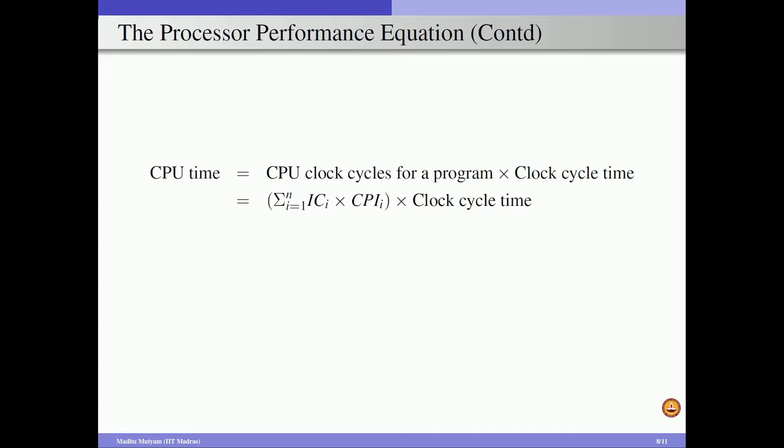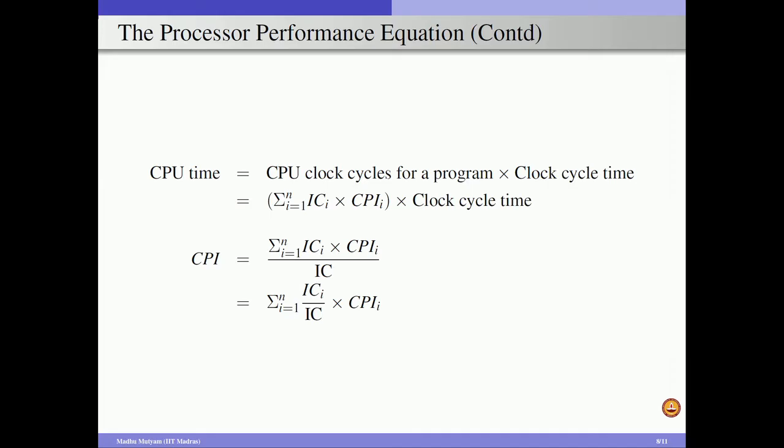For example, I have an application which consists of add instructions and multiply instructions. 80% of the instructions are add instructions and 20% of the instructions are multiply instructions. Now if I want to compute the CPU time for that particular application, all I have to do is 0.8 into CPI of add instruction plus 0.2 into CPI of multiply instructions, take this sum and multiply with the cycle time.